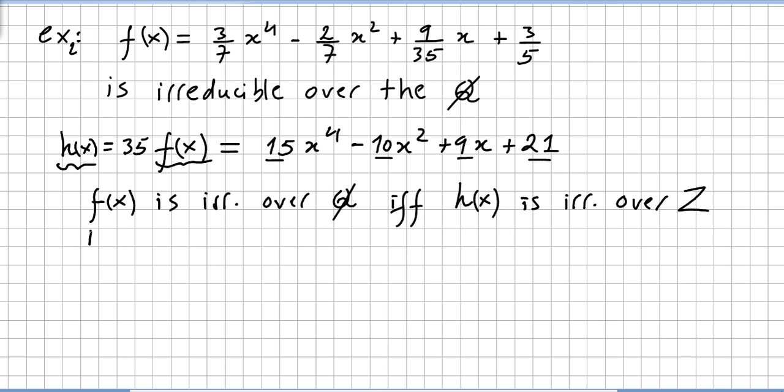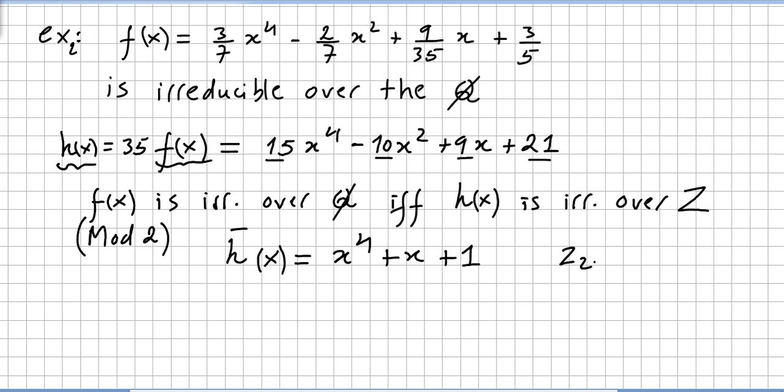But what we are going to do here is apply the mod 2 irreducibility test to h of x. So we are going to get h bar of x. In Z2, since we are doing mod 2, h bar of x is going to be x to the power of 4 plus x plus 1.